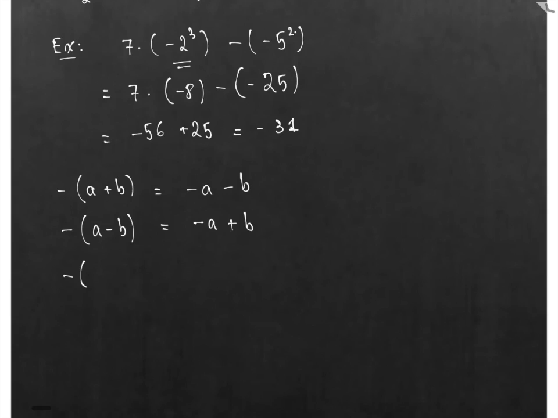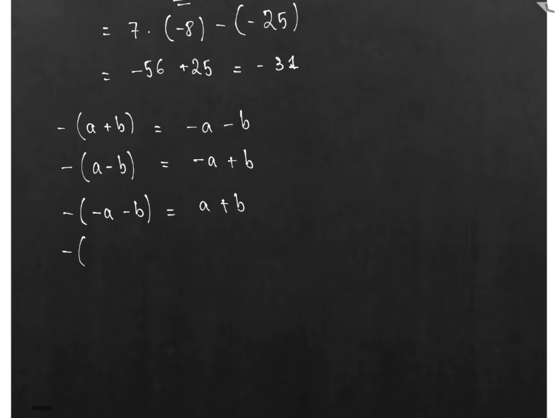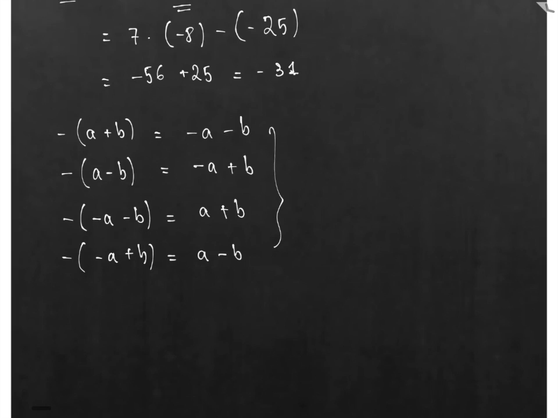Or in the case we have -(-a - b), that becomes a + b. Or a negative in front of (-a + b), -(-a + b), this gives you a - b. For these four cases, you can see that the negative is distributed to every term inside the parentheses.